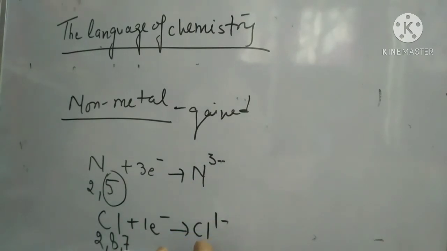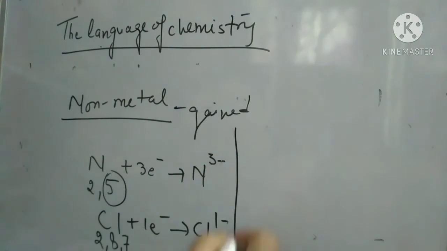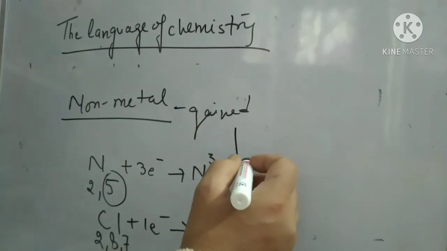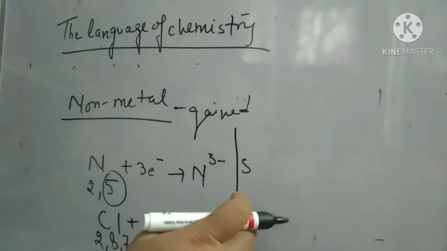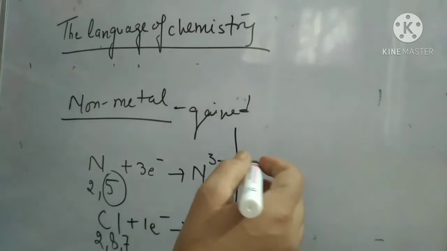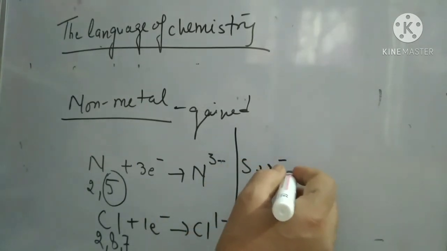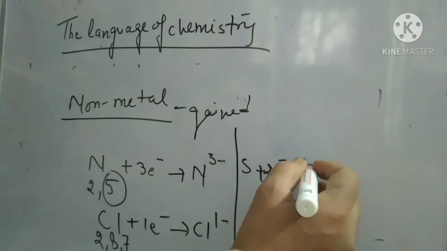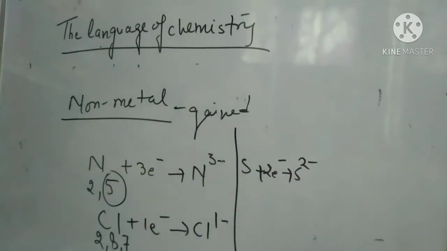We can say that it is univalent. Now if we take example of sulfur, sulfur is having 2 electrons less in its outermost shell, so now it will be S2 minus, so it will be having 2 minus valency, that is it is divalent.